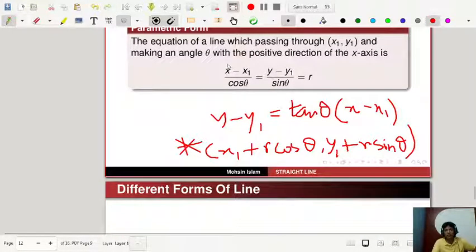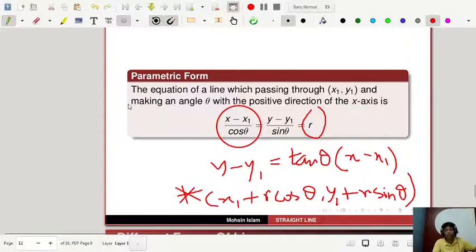Equating the first and the last, you get x equal to x1 plus r cos theta, and taking the second and last you will get y equal to y1 plus r sin theta. So you can get these results from this equation. This gives you the parametric form, the parametric point, any point on the straight line.